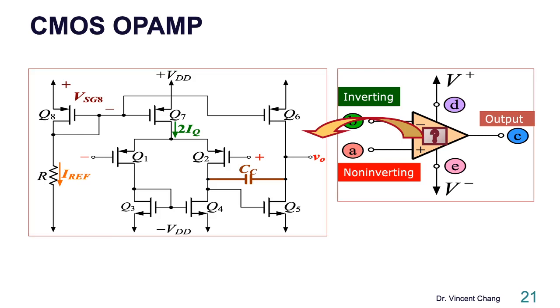I just talked about the first technology, based on bipolar technology. The second one is based on CMOS technology. On the left is the operational amplifier based on CMOS technology, let's call it the CMOS OPAMP.